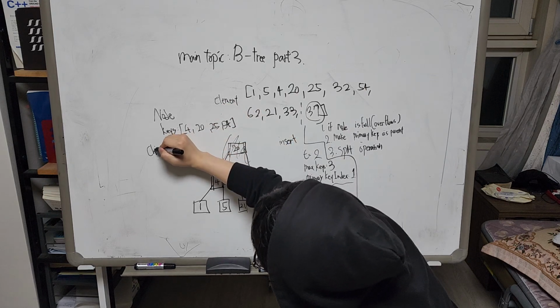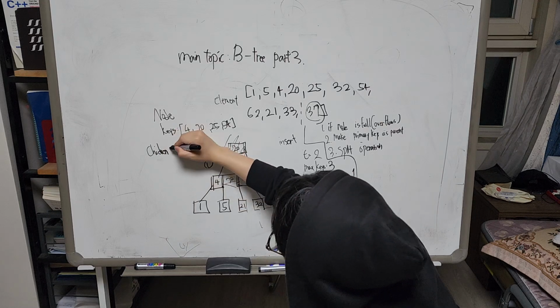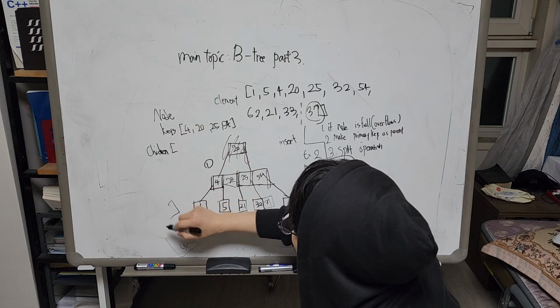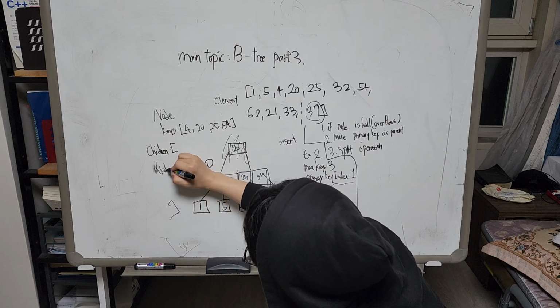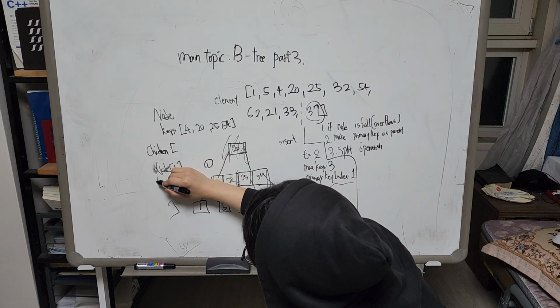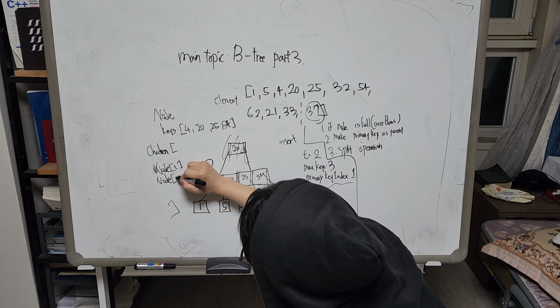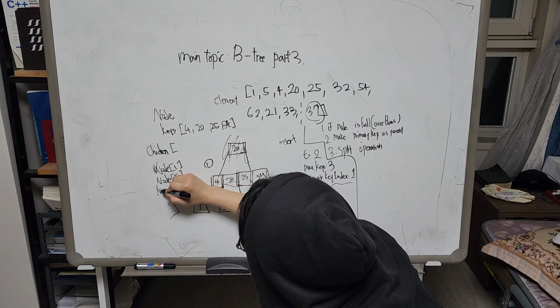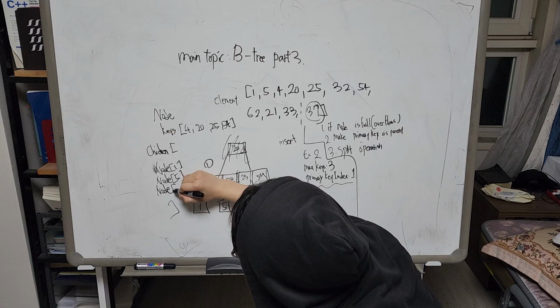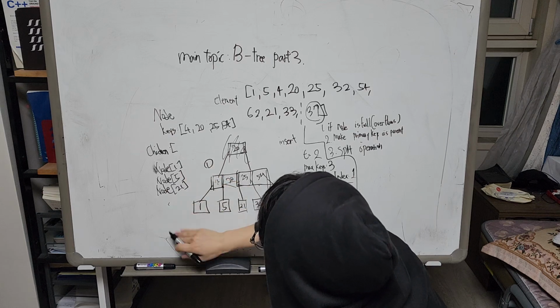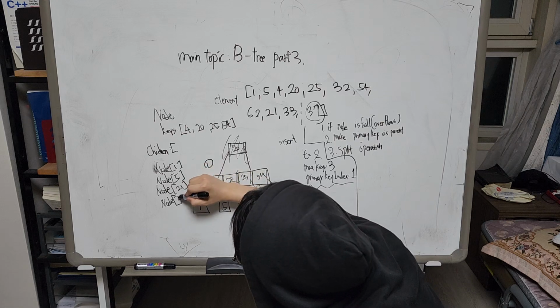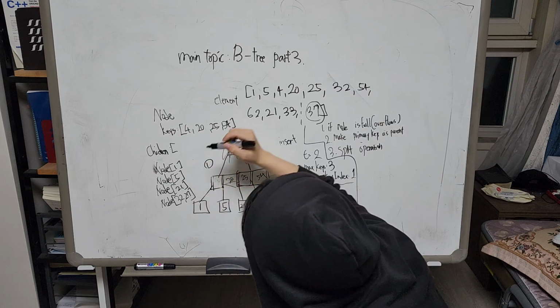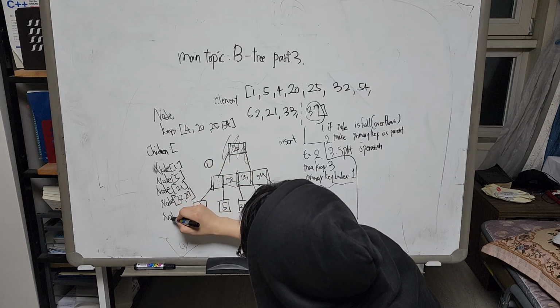And the children are a node that has key 1, a node that has key 5, a node that has key 21, a node that has keys 32, 27, and 62.